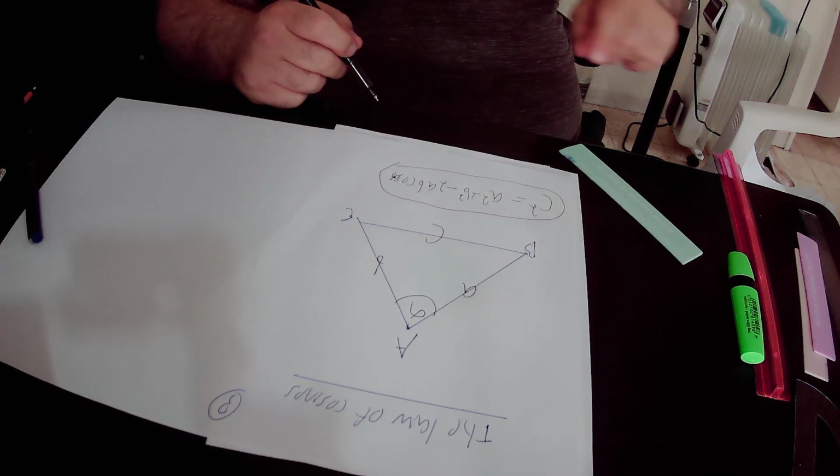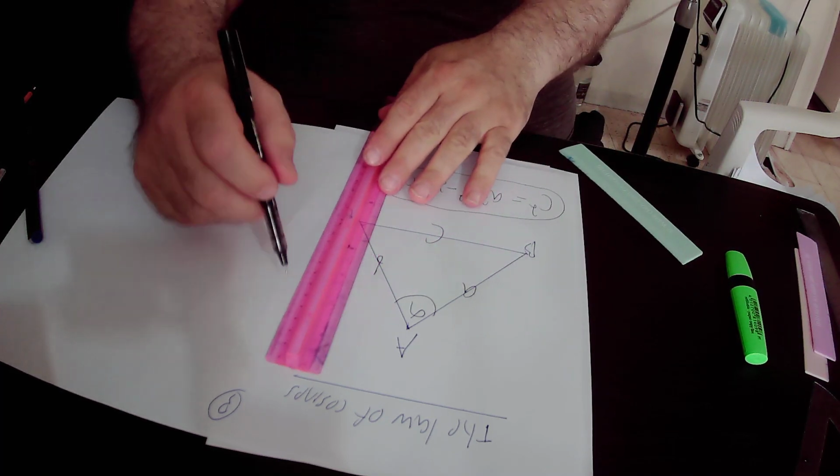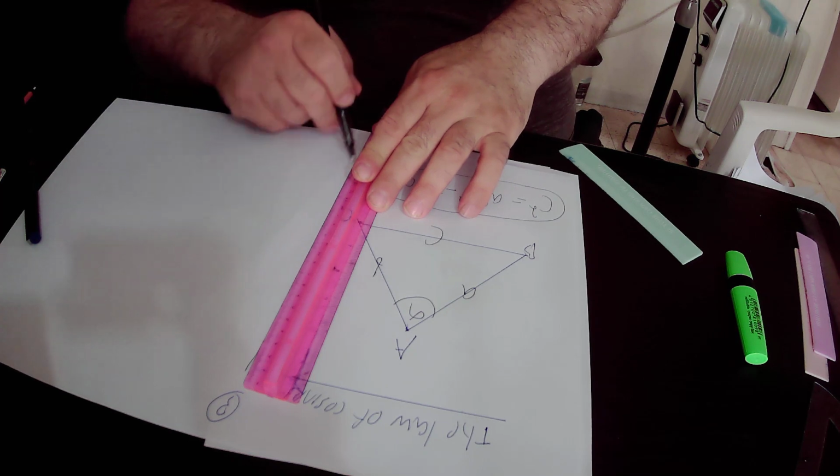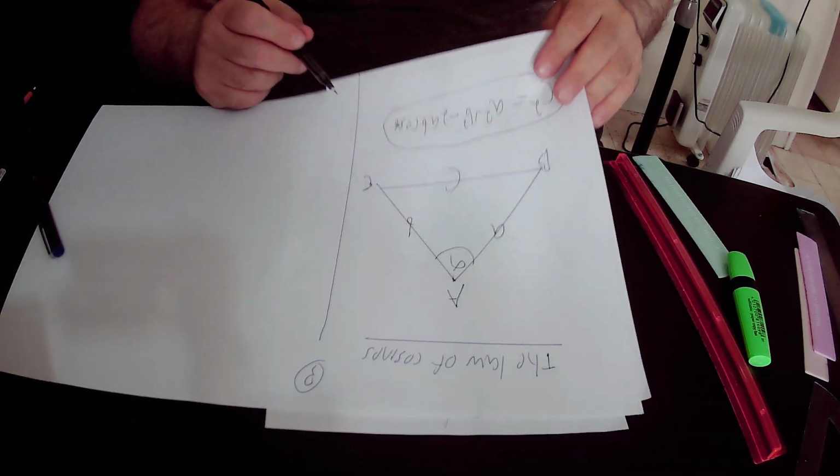Now we will implement the law of cosines in triangle AOC. So I'll copy triangle AOC in this page and we'll implement the law of cosines in triangle AOC.